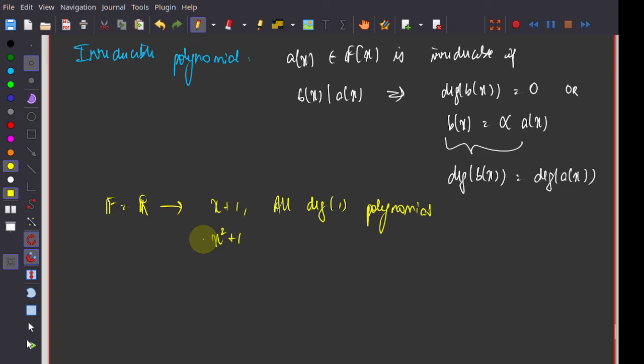Okay. What about degree 4? Is that irreducible? Is not, right?